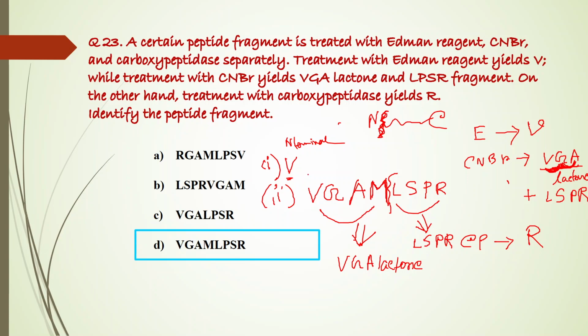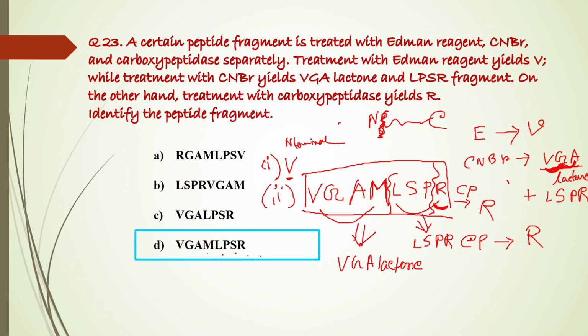Now we have ended with this peptide sequence. If we treat with carboxypeptidase, what will we get? Yes, we will get R, because it will break at the carboxy terminal and separate the last amino acid sitting there. We will end up with R. So all the statements are now matching if our sequence was VGAMLPSR.